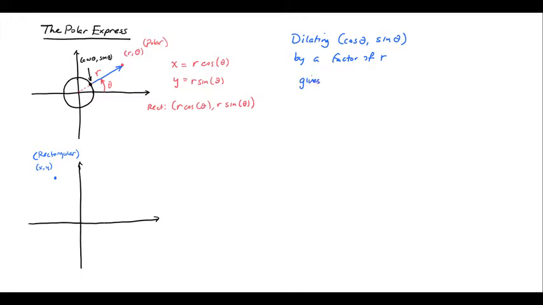That gives new coordinates of r times cosine of theta, r times sine of theta, because I'm just multiplying both coordinates by r. That's the idea behind why I have r cosine of theta, r sine of theta here. Any way you want to think about that is fine.